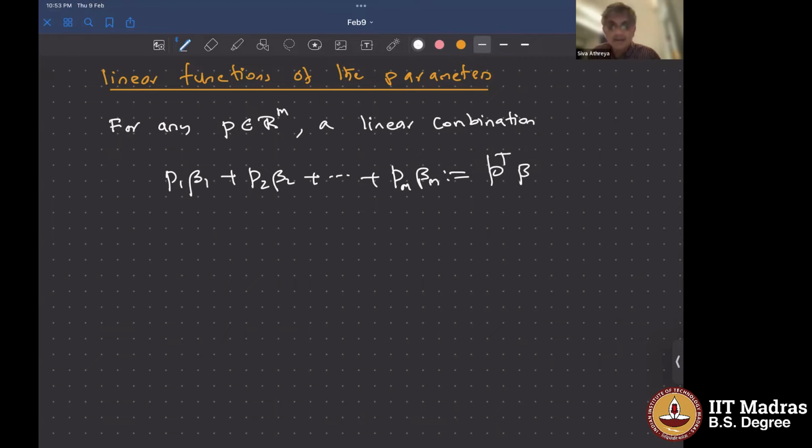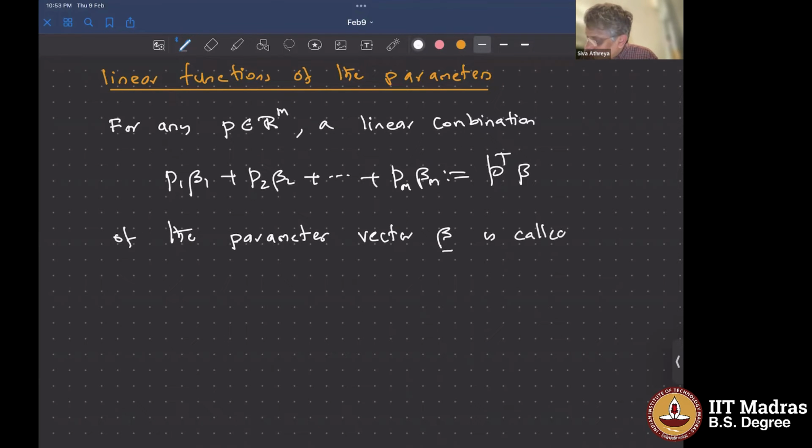That's the definition. I take the vector P, transpose it, and multiply by beta. A linear combination P transpose beta of the parameter vector beta is called a linear function of the parameter. I'll write it a little differently: I'll call it a linear parametric function.